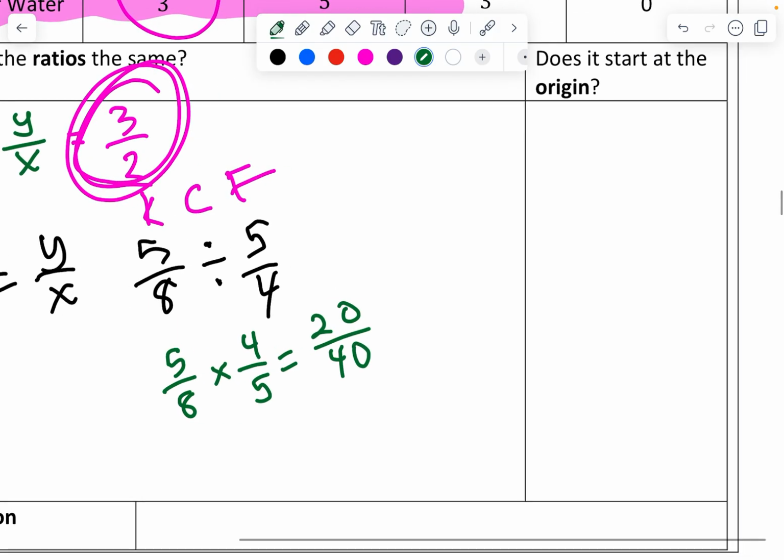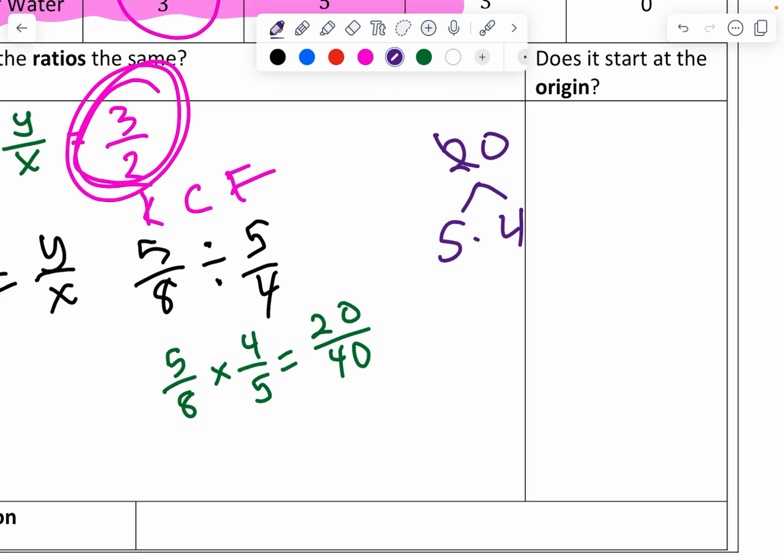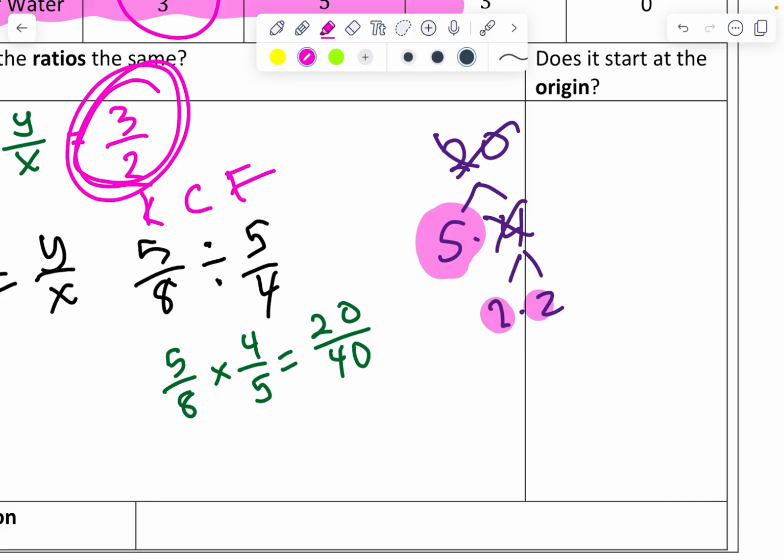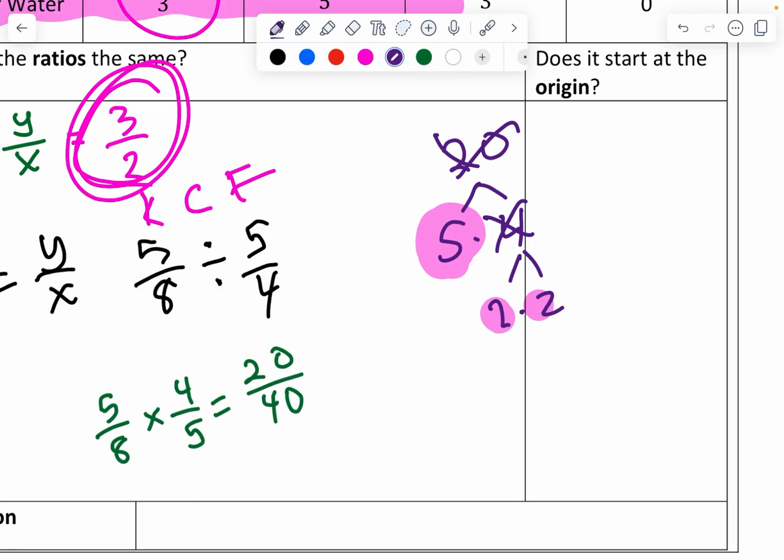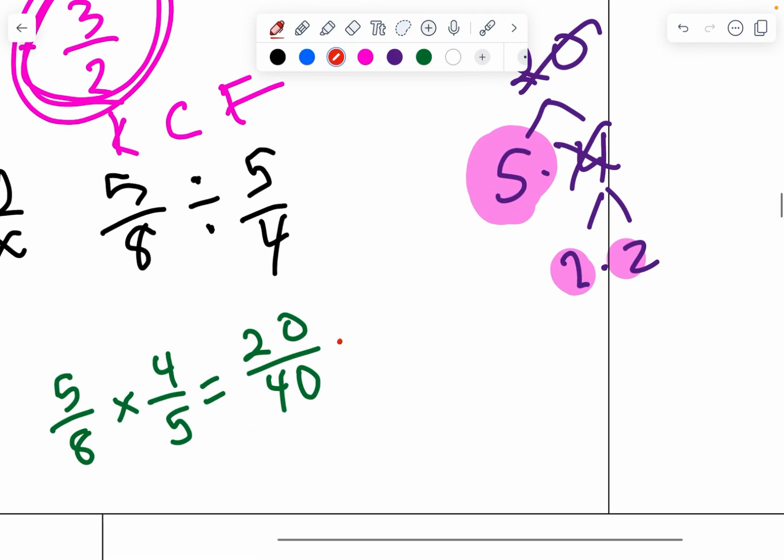Let's break these things down. So 20, 5 times 4. Hey, I know this right here. And then we break down 2 times 2 is 4. Cool, those are my prime numbers for 20. So 2, 2, 5.